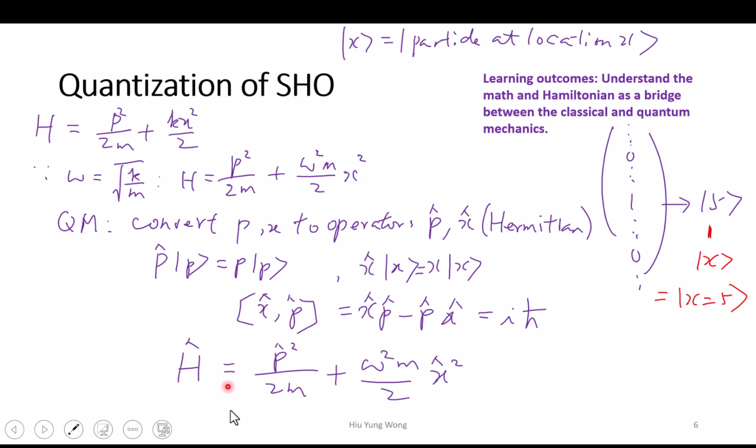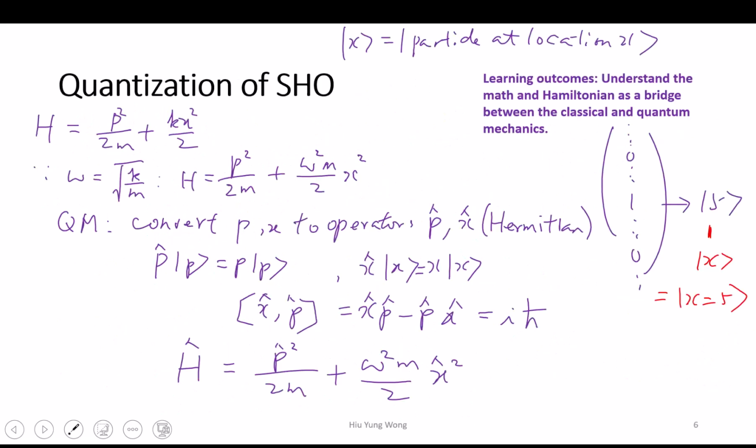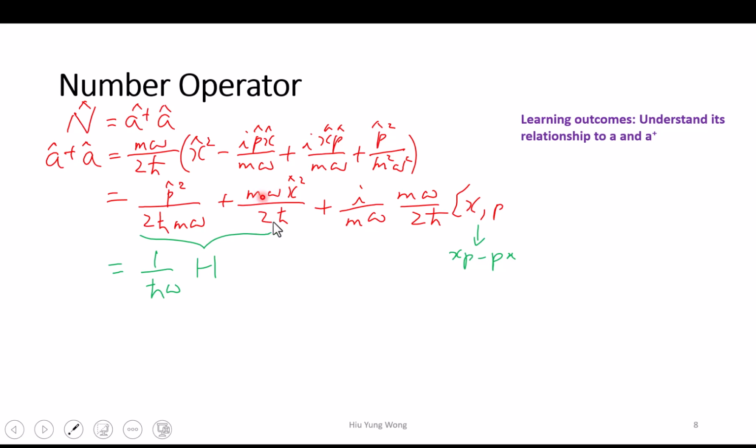If I divide this by h bar omega, I get p squared divided by 2m h bar omega, plus m omega squared x squared divided by 2 h bar omega. So this is 1 over h bar omega, right?